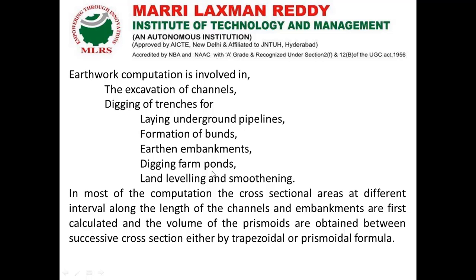In most cases, when we go for volume of earthwork calculation, first we should calculate the cross-sectional details or cross-sectional area. Whatever measurements we take for the cross-sectional details should be taken at some common interval along the length of our pipeline, channel, embankment or bund, whatever it may be.